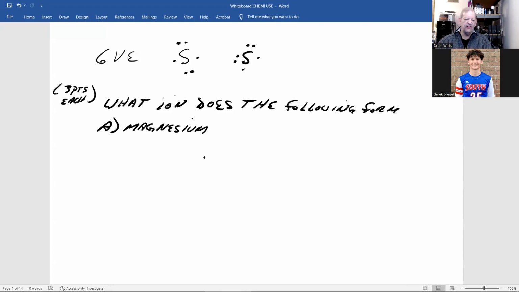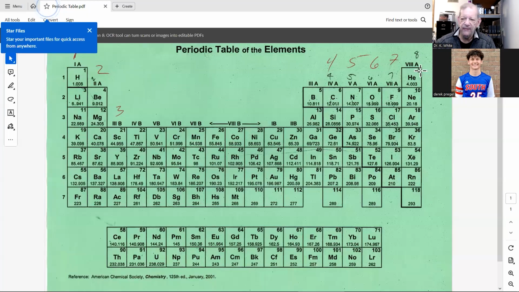Well, how do you do this? Well, the chemical symbol for magnesium is Mg, which you learned for test 1. I hope you did. And then we go to our periodic table, and we see the atomic number for magnesium is 12. That means it has 12 electrons and 12 protons.